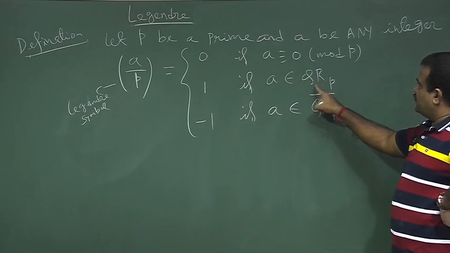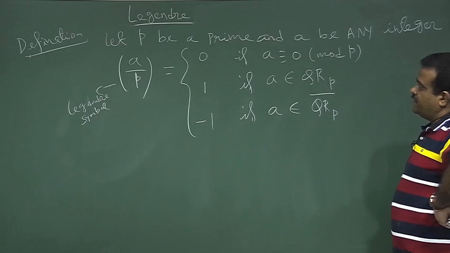So, this means a is a quadratic residue mod p, this means a is a quadratic non residue mod p.